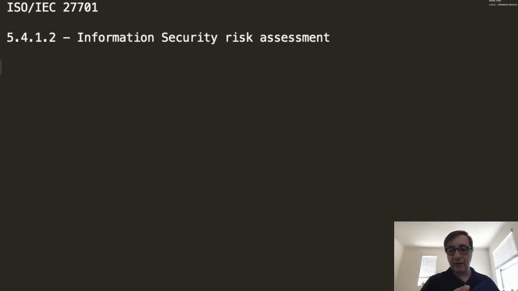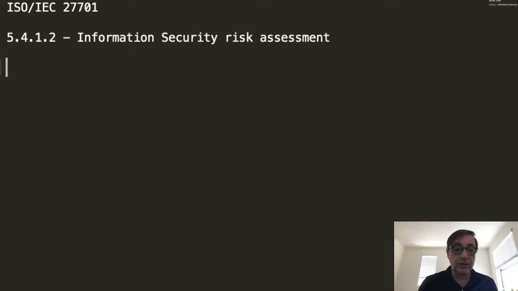So it references ISO 27001 and then it provides some refined statements. For example, the organization shall apply the information security risk assessment processes to identify risks associated with the loss of confidentiality, integrity, and availability within the scope of PIMS.